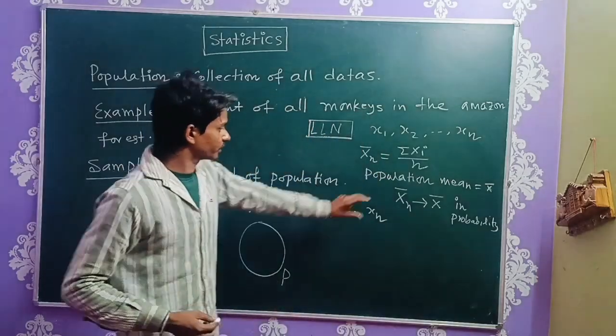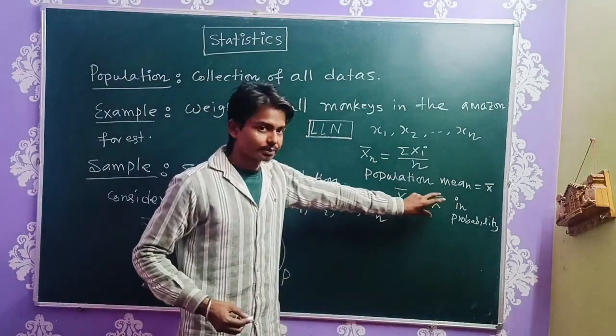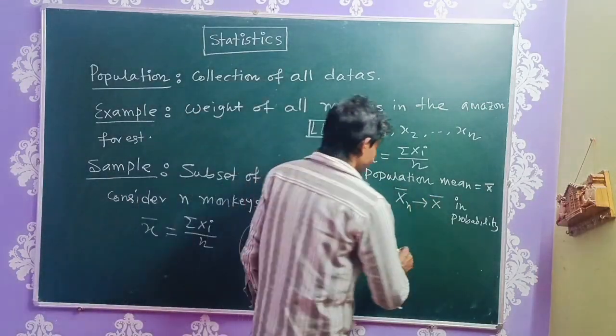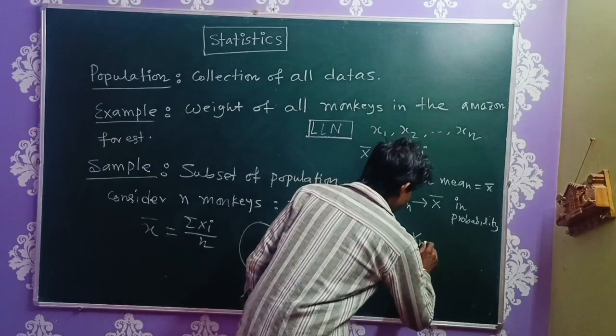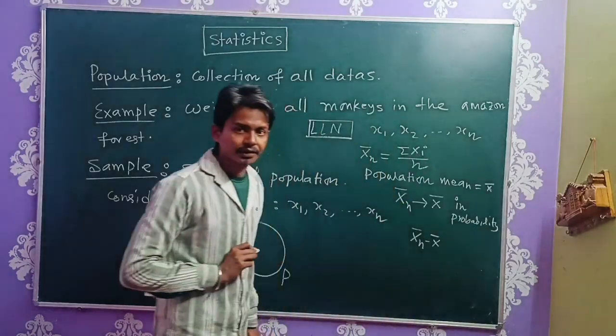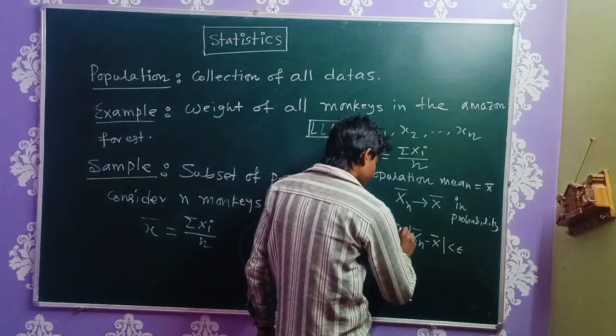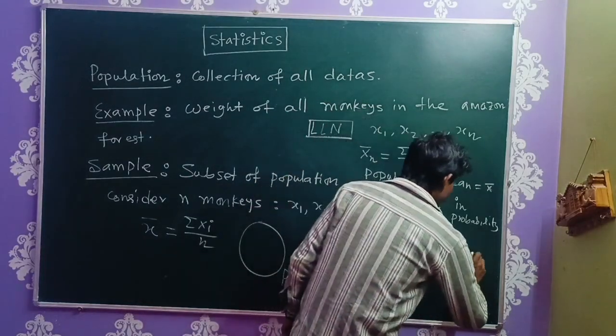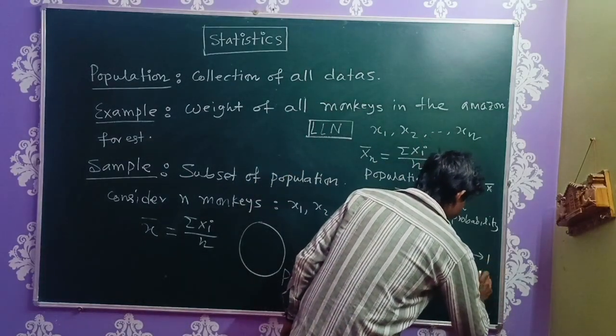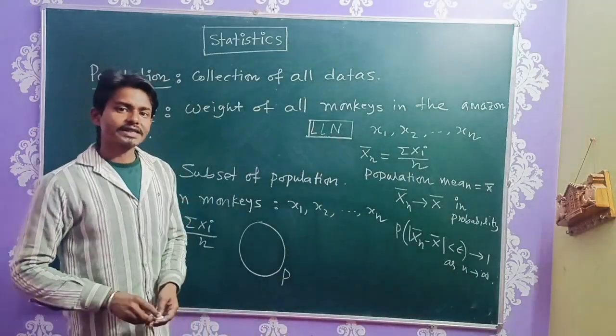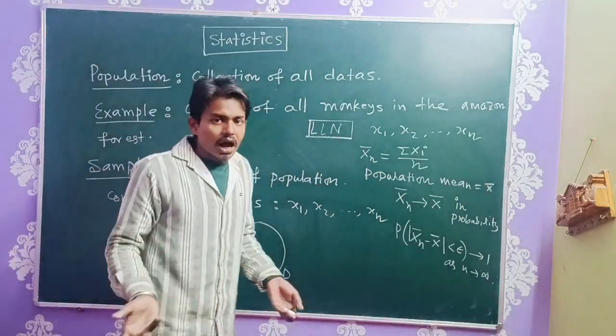What do we mean by this? The sample mean converges to the population mean in probability. It means that the difference x n bar minus x bar is less than epsilon, and the probability of this event tends to 1 as n tends to infinity. So how can you express this?